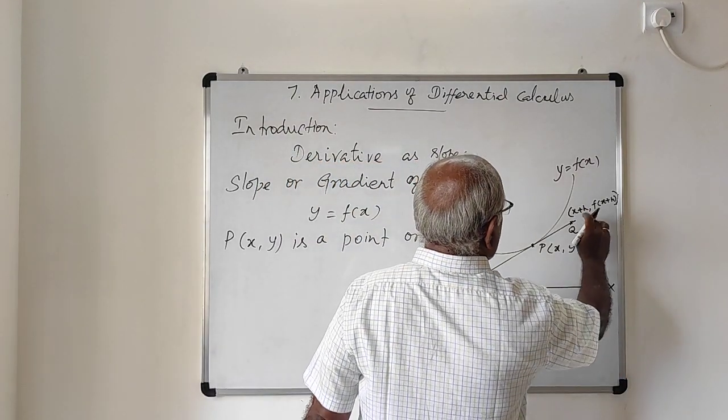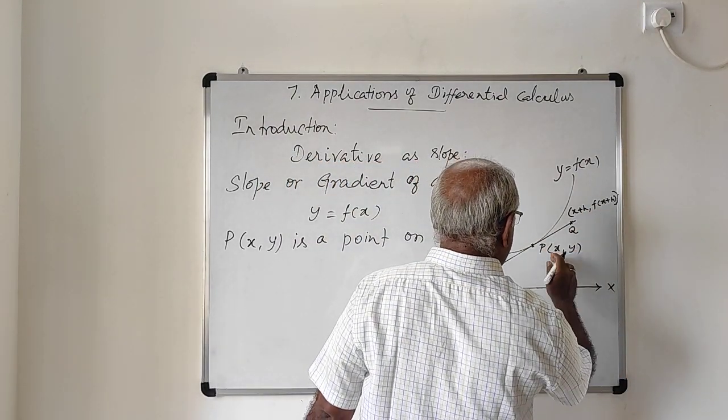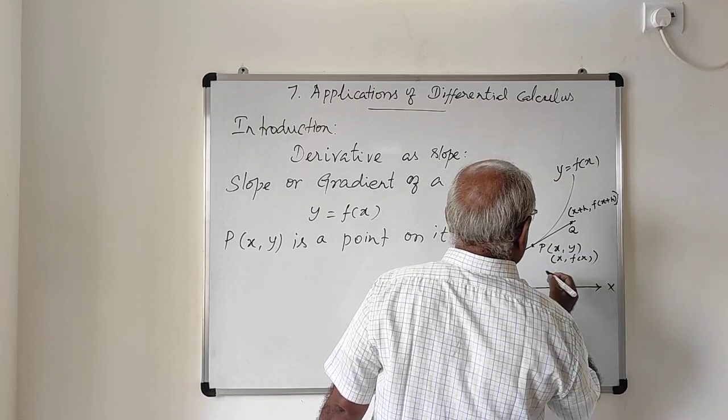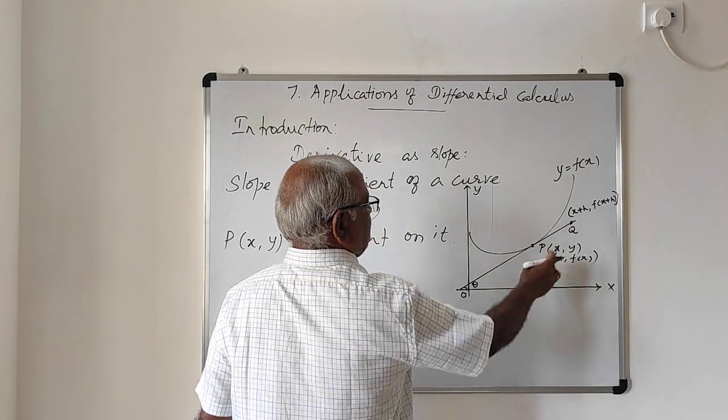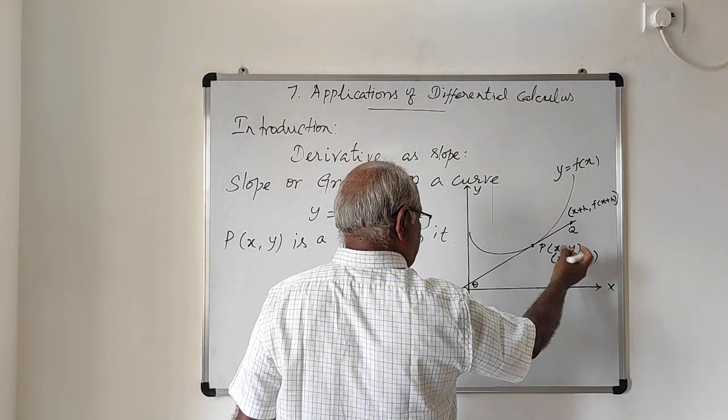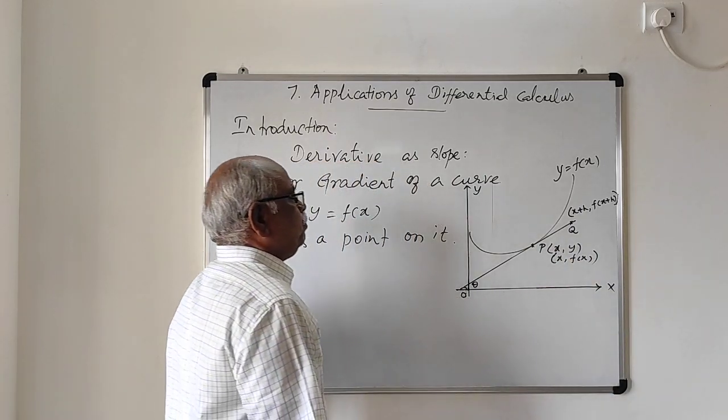So Q is x plus h comma f of x plus h. The point P, x comma y, is otherwise called x comma f of x, since y is equal to f of x.